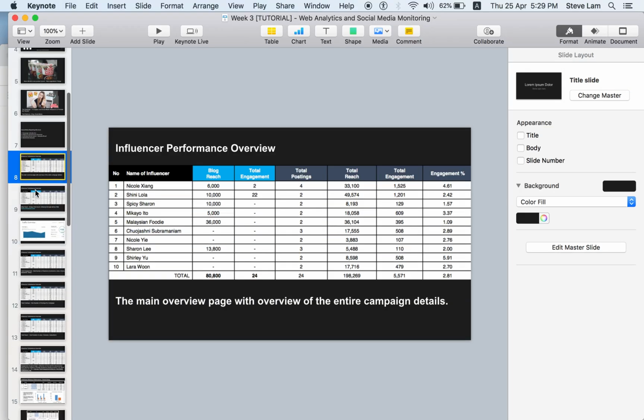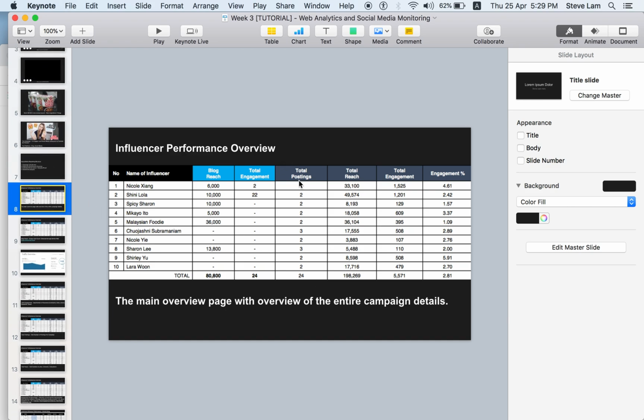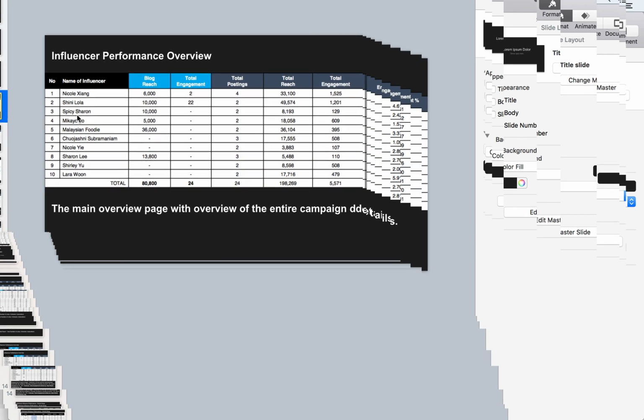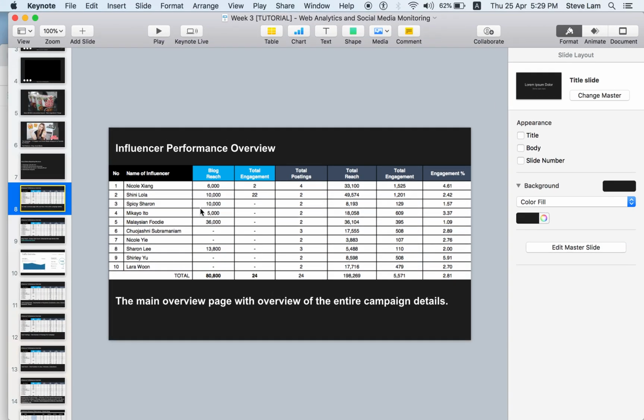So let's start with understanding what we want to show in terms of this overview. We are just giving a very quick breakdown of how, number one, there's a social media post, and also there is all these blog engagements as well that you see. But that wouldn't be our concern, at least for what you're learning. But this is just to show you an overview of what the total engagements are.